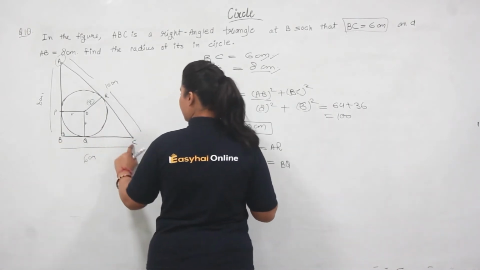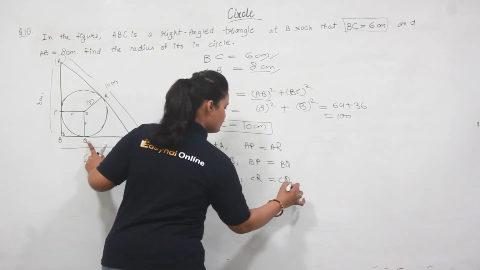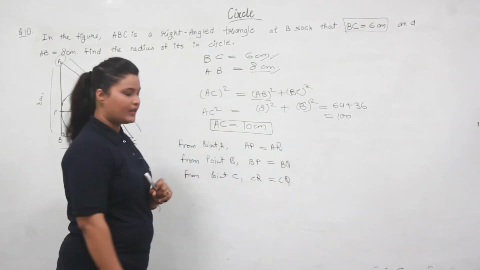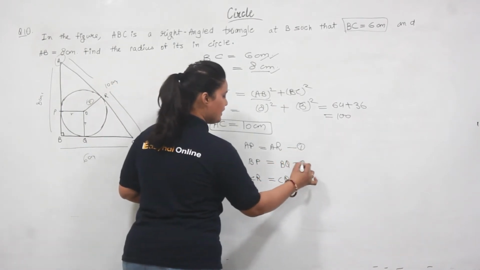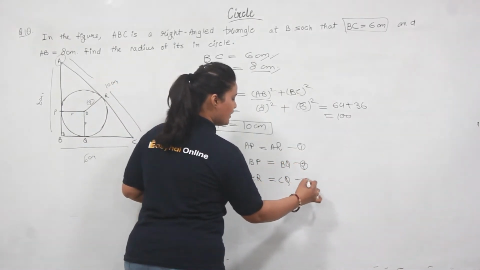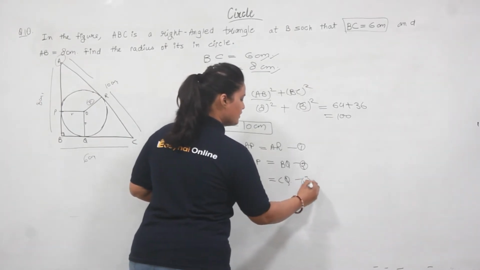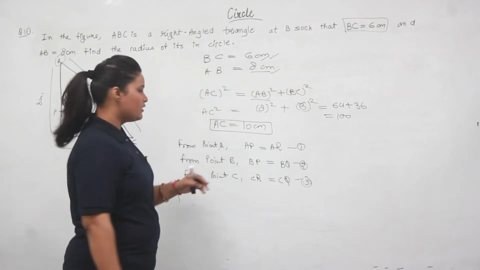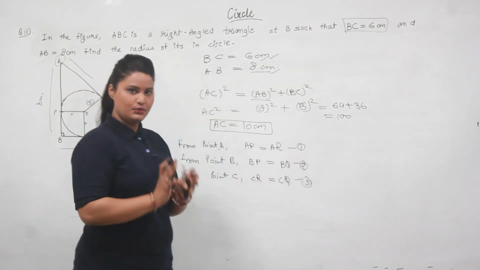CR is equal to CQ, correct? Now just remember them. I mark them as equations 1, 2 and 3. We have 6 tangents from 3 different points.